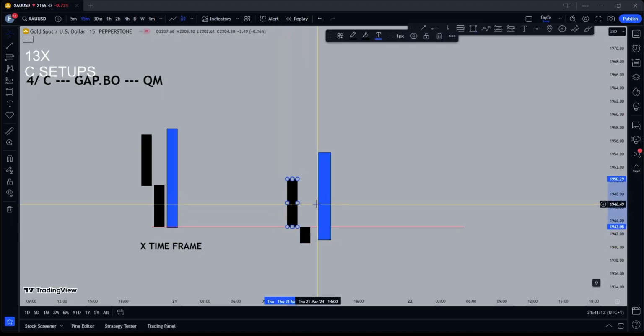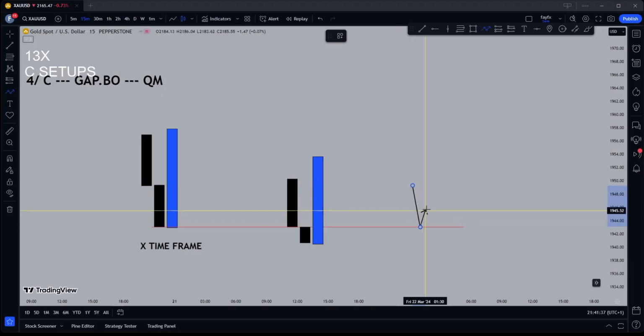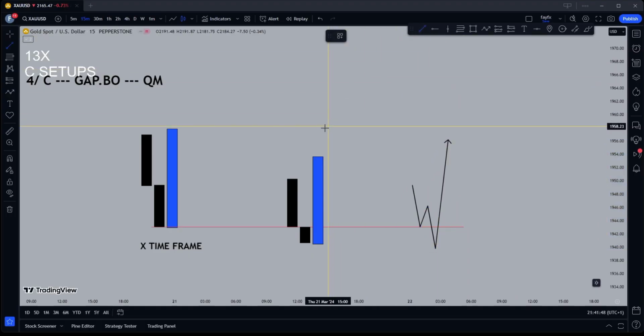And something like this. Same level at X time frame, we have a classic. One time frame lower, we have a gap breakout. One time frame lower than this, we should find this, a head and shoulders, I guess.